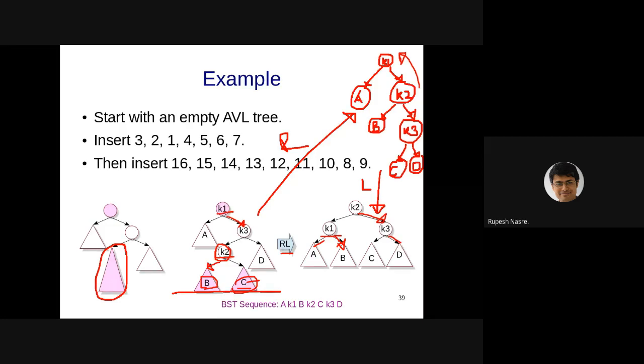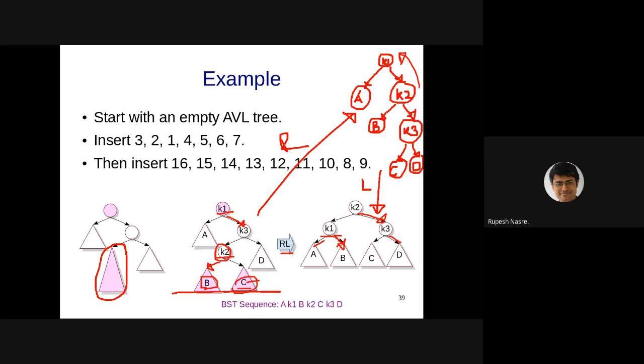Another question: I understand the rotations performed, but when we added, say, B to the tree, it would have already created a height imbalance, before even we add C. Well, it's possible that C might have been added before.